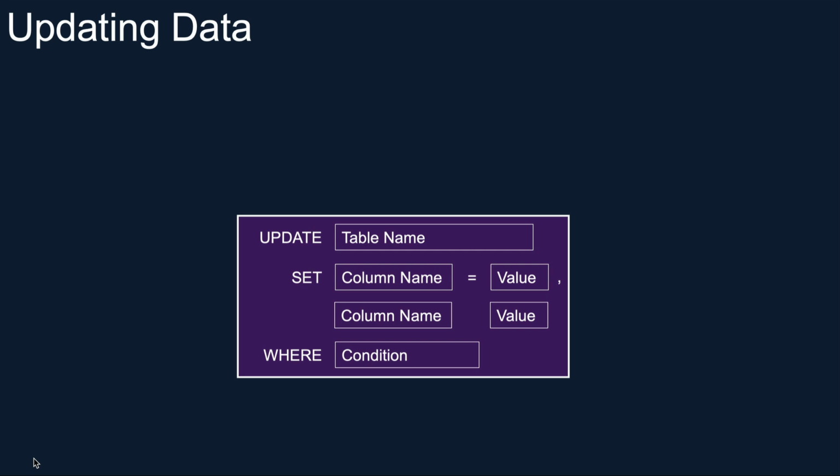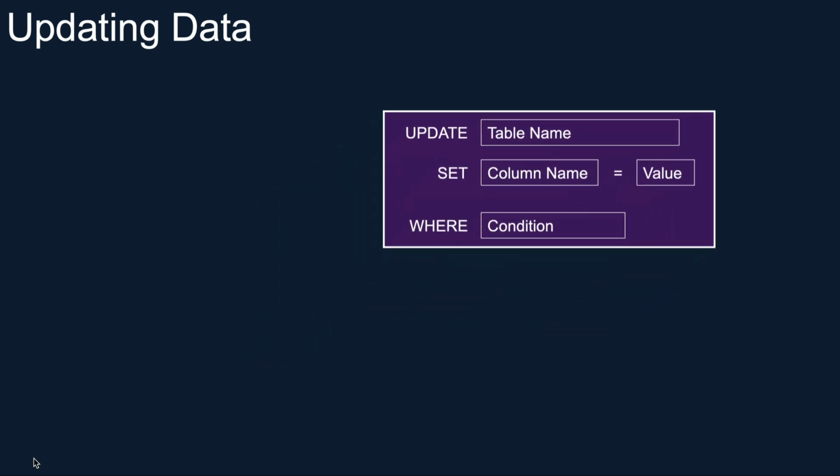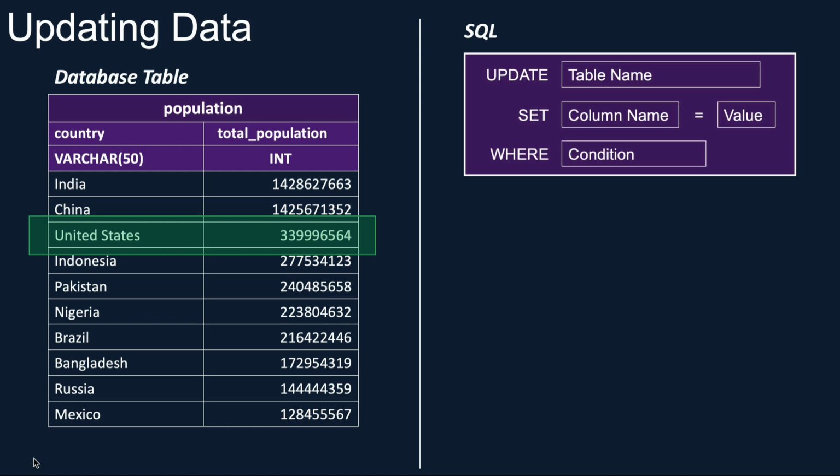Let's now take a look at a practical example to understand the update statement better. Let's say we've received the updated population information for United States and we want to update the table with the new figures received. As we said, we need to write the update statement with the keyword update, followed by the table name, which is population in this example. We then need to identify the record to be updated.